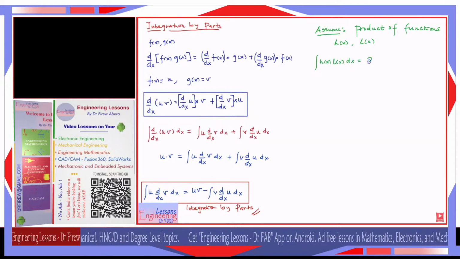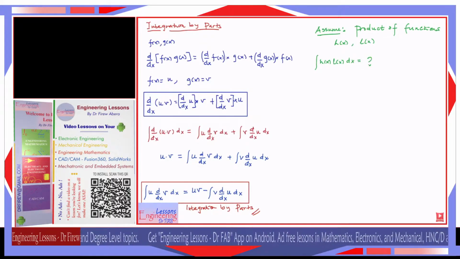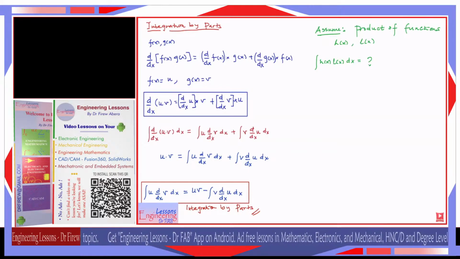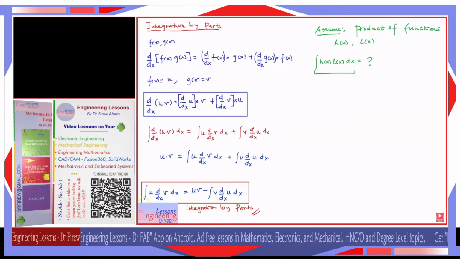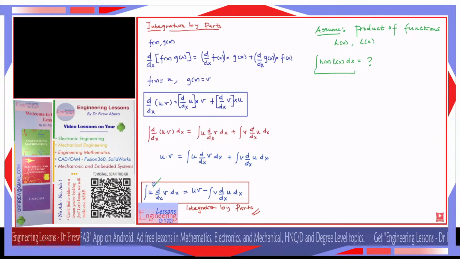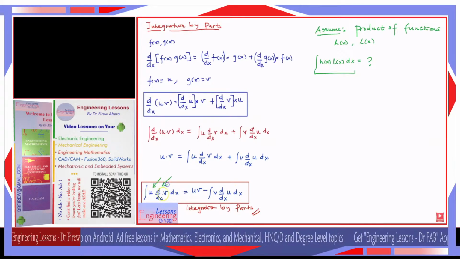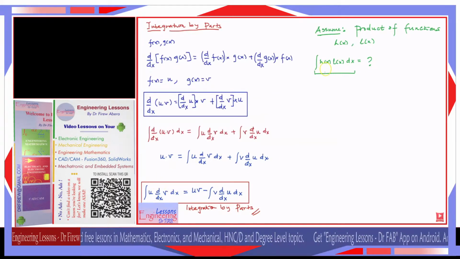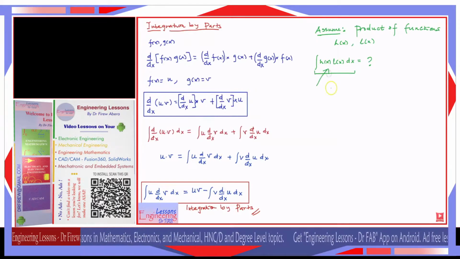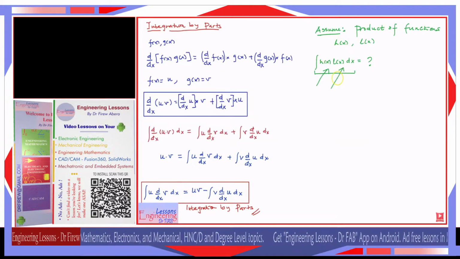This is now what is required. The rule of integration by parts tells you that the items inside the integration are u and dv by dx, so you assume one of these is u and one is dv by dx.